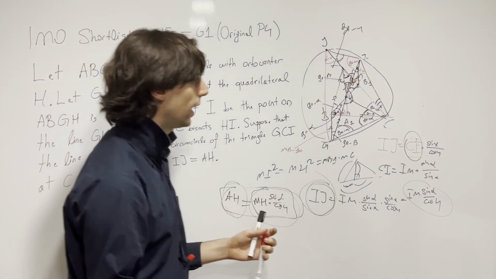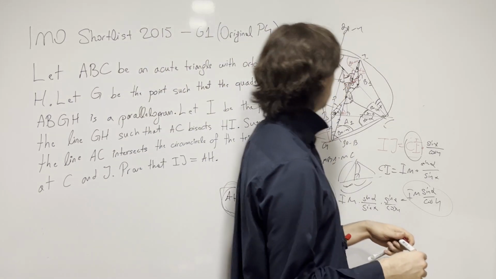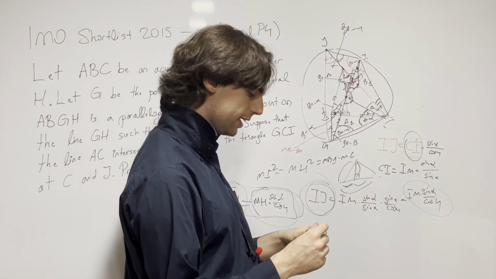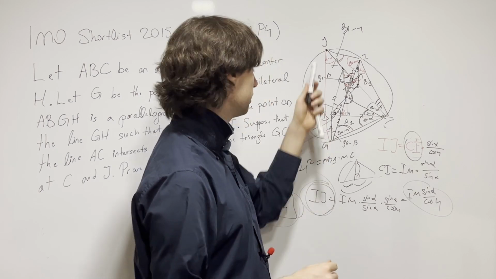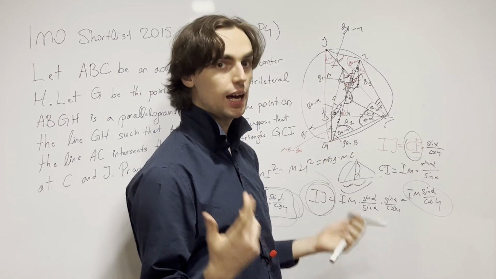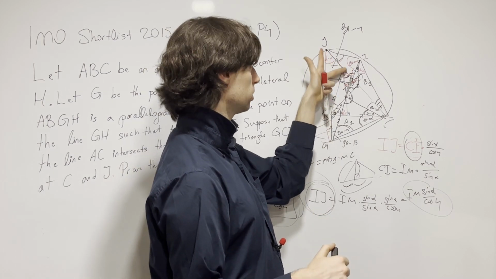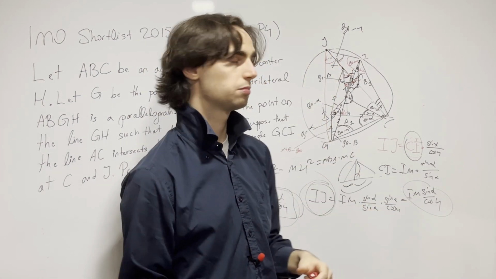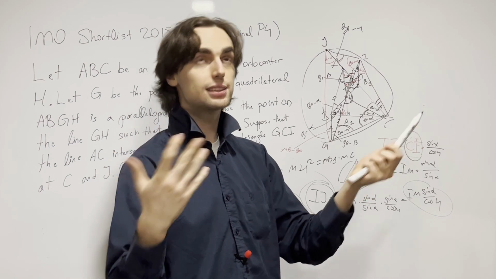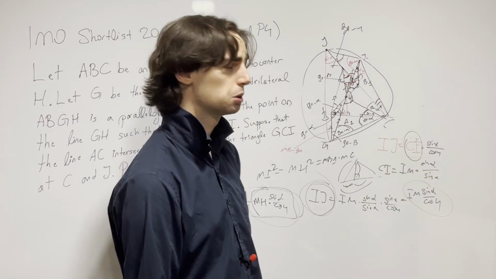Now a different way would be to say, okay, I have this point J. How can I use it? How can I use the fact that it's on the circumcircle, and how can I get my lengths? I'm working with length at the same time, how can I combine those two things?